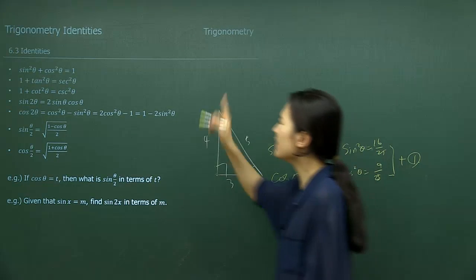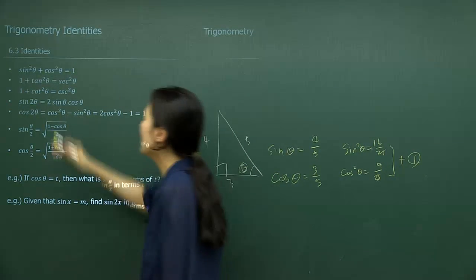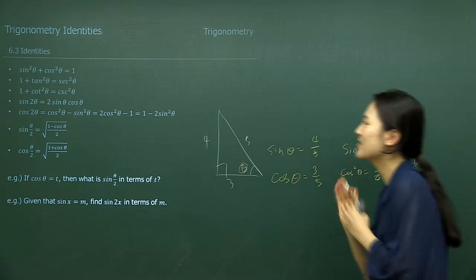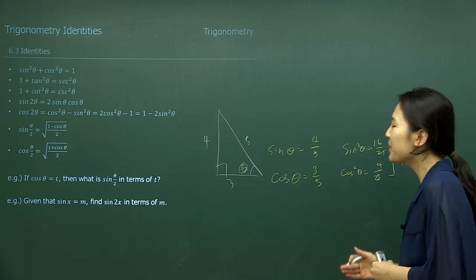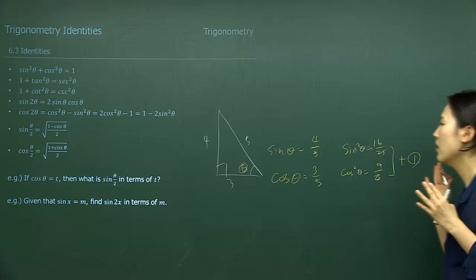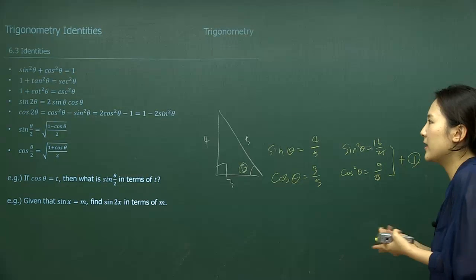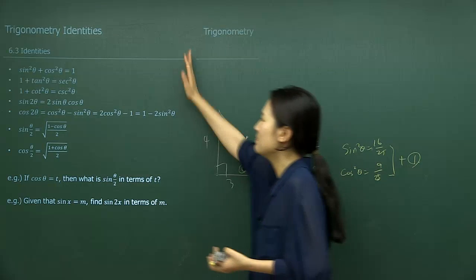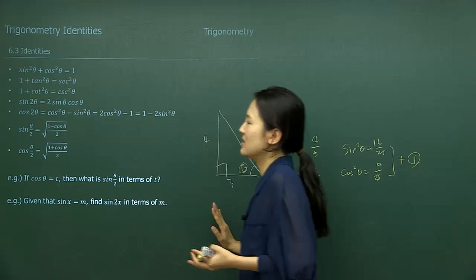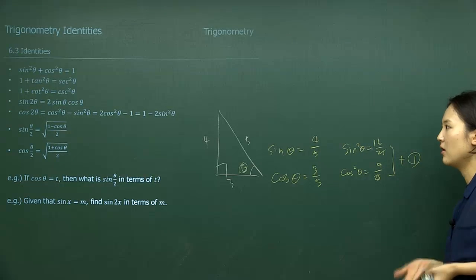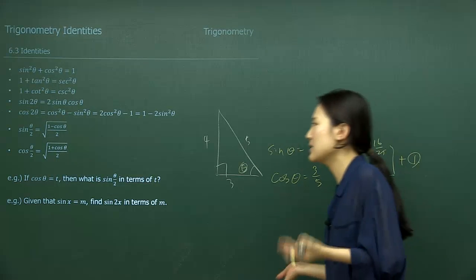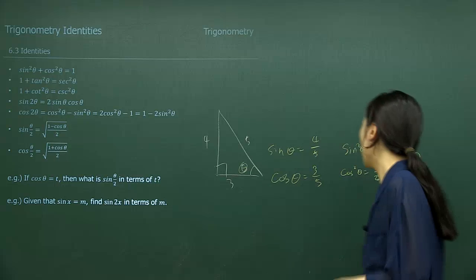The identities basically tell you something that is just a fact, right? However, we don't have to prove them. I mean, you could, but if you just memorize the facts, it can be really helpful when you're doing your further math for the test and for calculus and more.